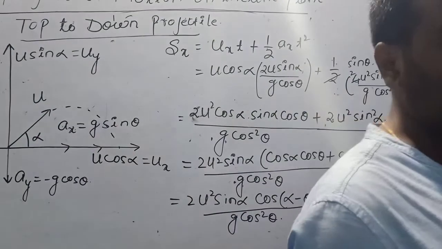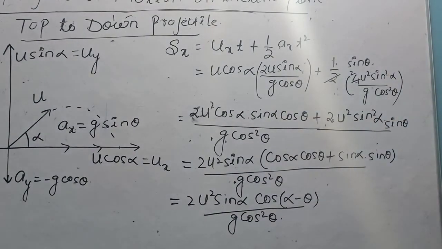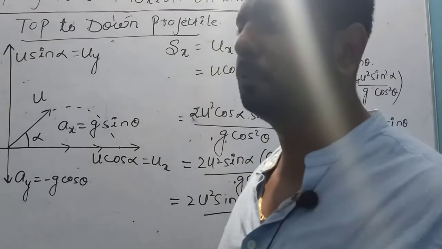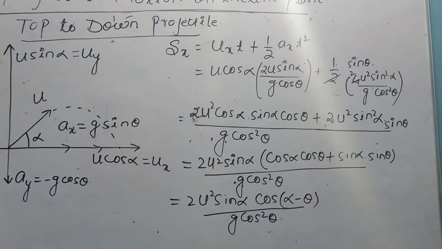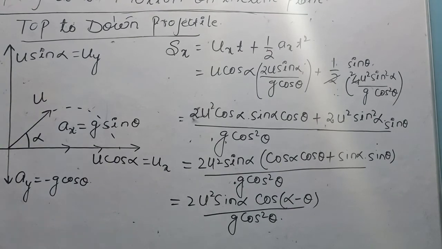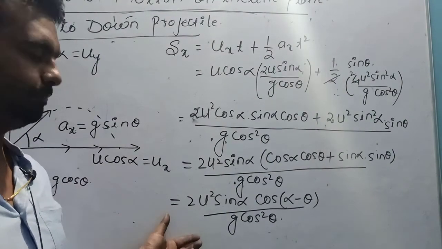So in these formulas, there is only a single difference in calculating projectile from down to top and top to down, and it is in range. Time of flight in both cases, either top to down or down to top, was the same. Only one thing was different, that is range.